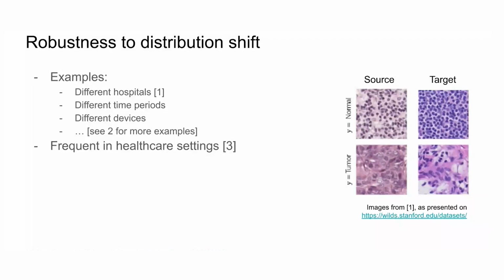The data that we have for model development is called the source, and this is data from one hospital on the left, and then you have images from the target, which is the new setting that we want to cater for, on the right. You can see that the contrast and the colors in the images are different, and so we want to know whether the model will perform well.